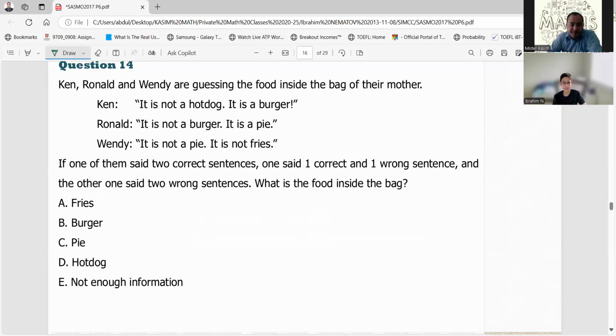Okay, read the question. Ronald and Wendy are guessing the food inside the bag of their mother. Ken: it's not a hot dog, it's a burger. Ronald: it's not a burger, it's a pie. Wendy: it's not a pie, it's not fries.